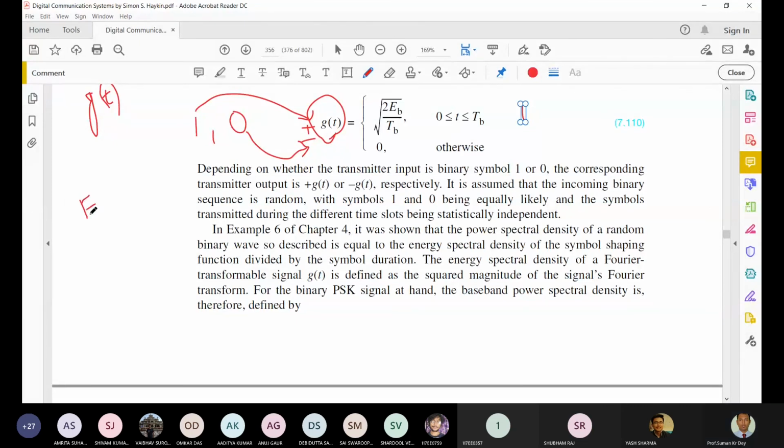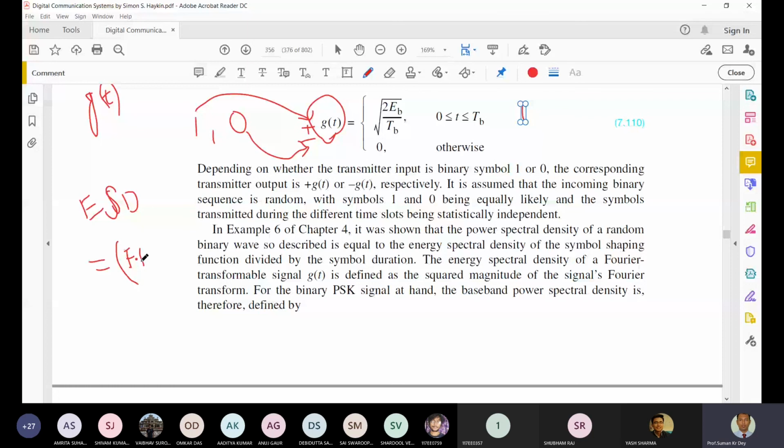That is your energy spectrum density. Energy spectrum density is equal to the Fourier transform of g(t), squared. That gives us the energy spectrum density.